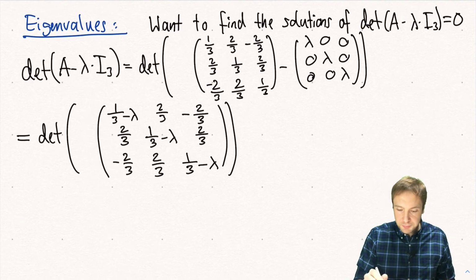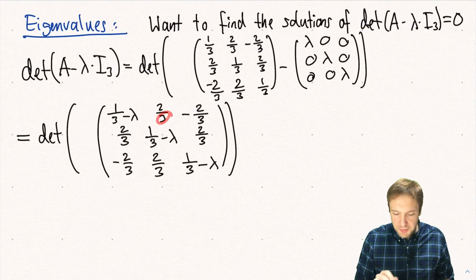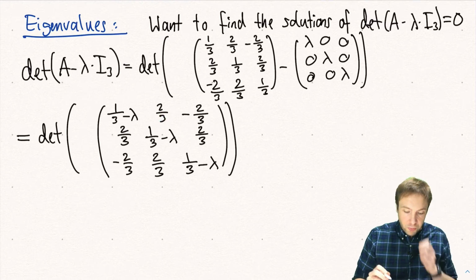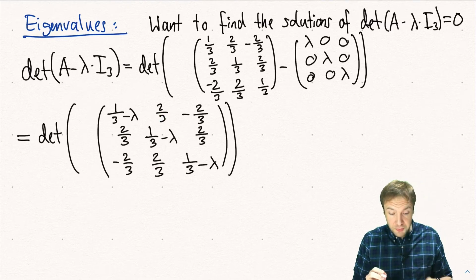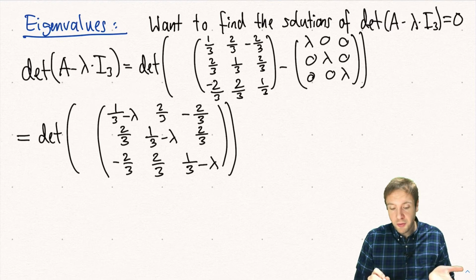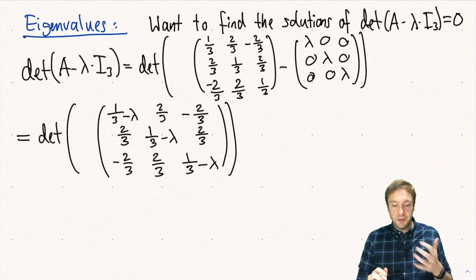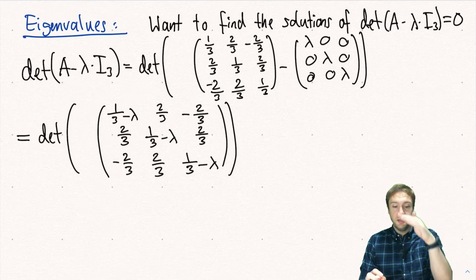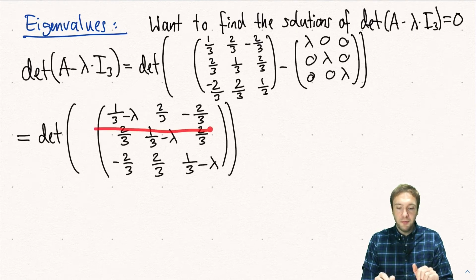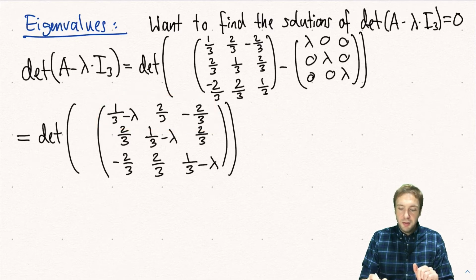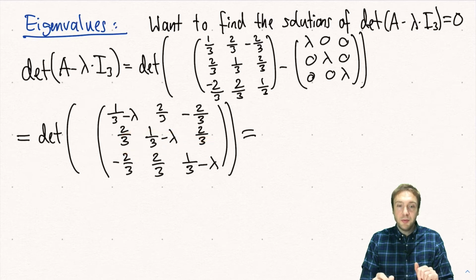And so first, notice that this 1/3 here is a little bit annoying. So what we learned last time is that the determinant is linear in each row. So I could factor out this 1/3 in the first row and put it in front of the determinant. And I could also factor out the 1/3 in the second row, put it in front, and the 1/3 in the third row, put it in front.